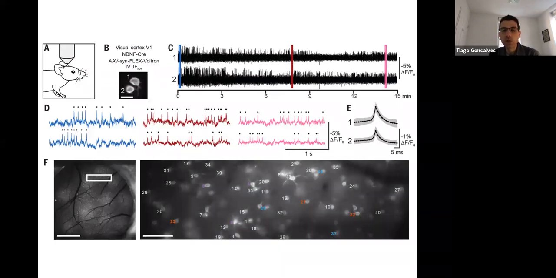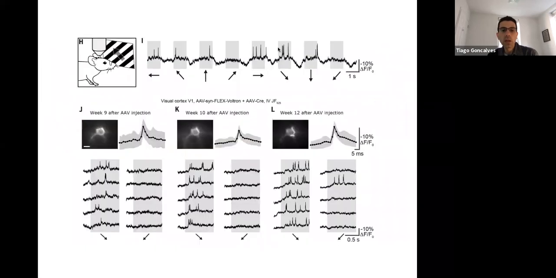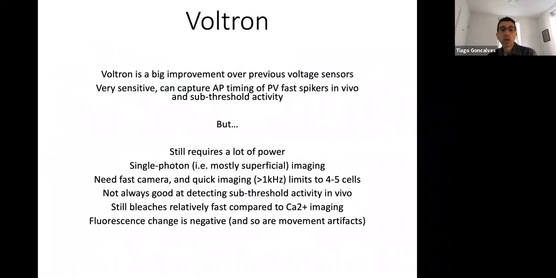There are a few issues, but it's really impressive how far we've gone. This is again the visual system, and you can see individual spikes. We're getting to the point where we can start doing electrophysiology in vivo with imaging.